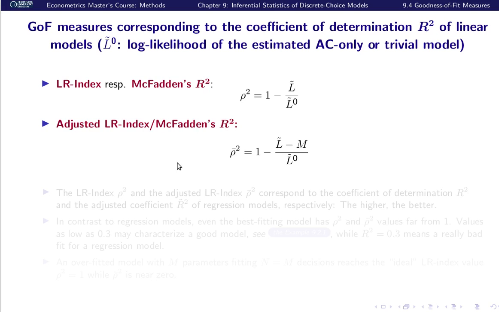So here you see that rho squared is 1 minus the, in regression, this would be the explained variance, and this would be the total variance. And here it's pretty much similar, and the adjusted just gives a penalty for the number of parameters.